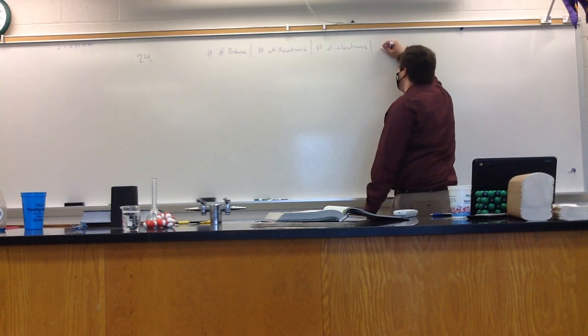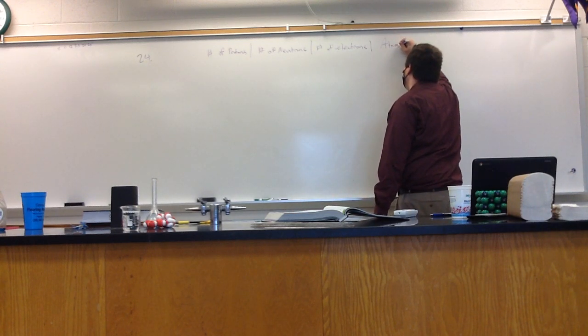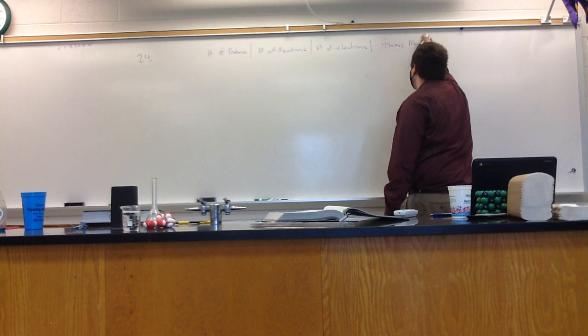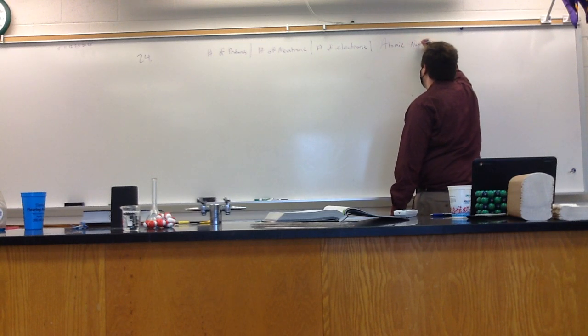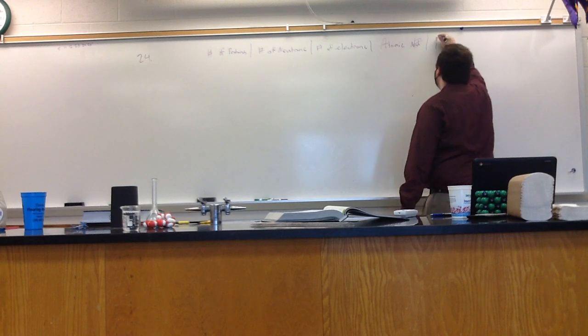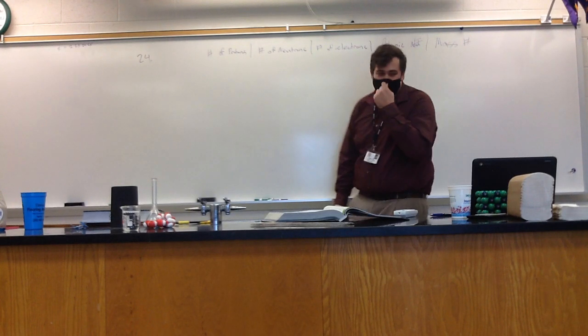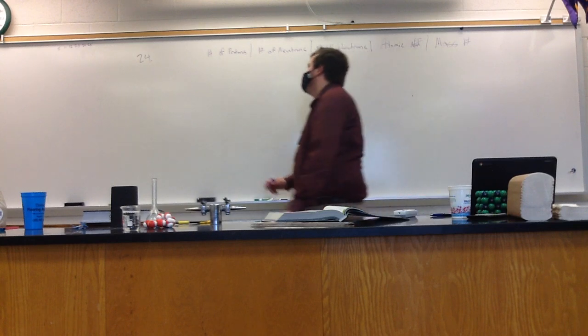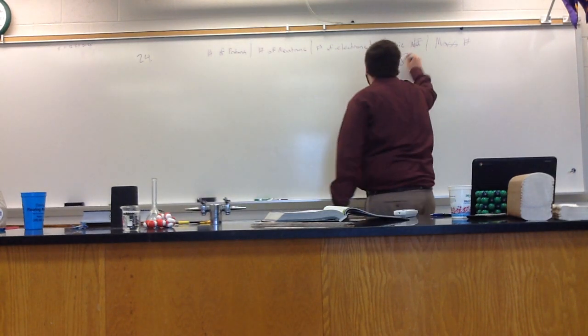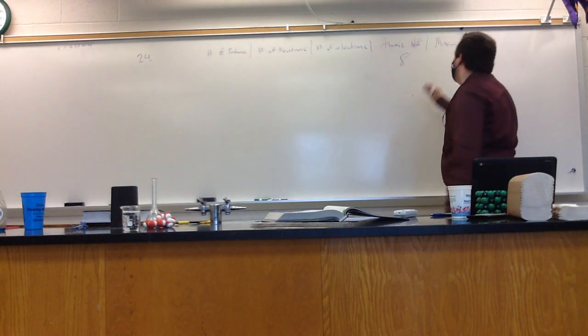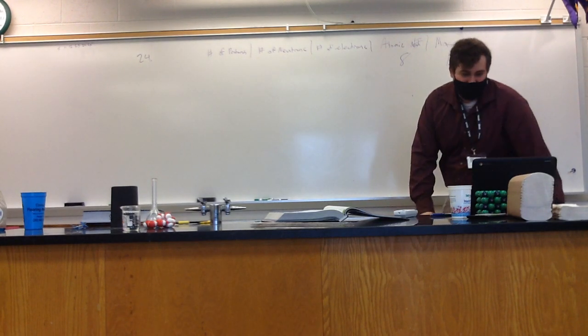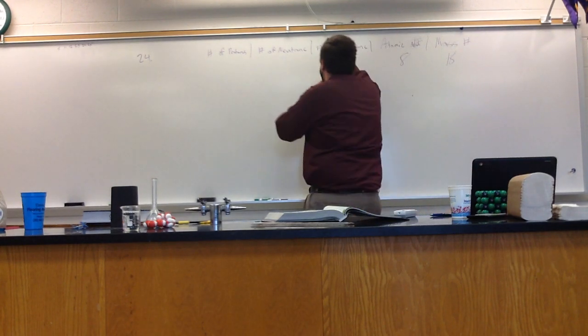I know those are at the front, but I'm just going to write it here because I did it earlier. Running out of time. There we go. Okay. So in this one you were given the atomic number, you were given the mass number, and you were given the number of electrons.